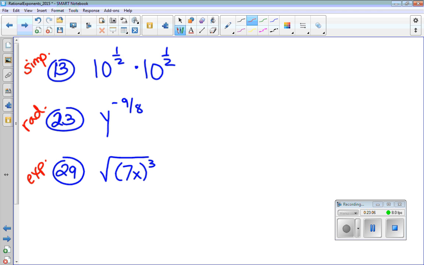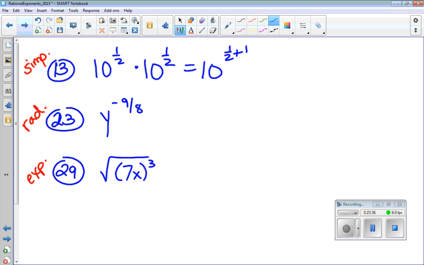How do I simplify that? Are the bases the same? Good. When the bases are the same and I'm multiplying them, what do I do with my exponents? I add the exponents. Don't you think that might be a good place to start? So that's going to be 10 to the 1/2 plus 1/2 power.